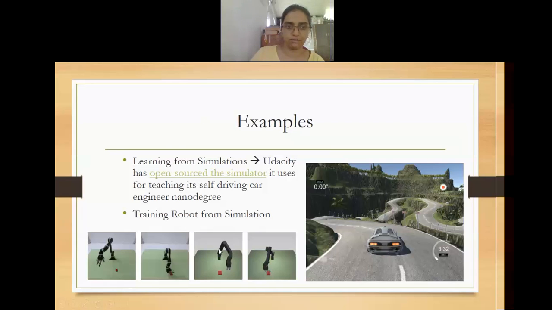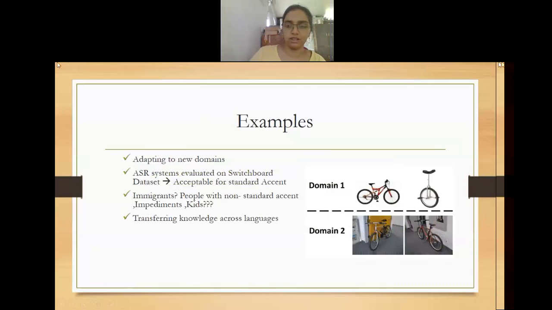That's a great example. Similarly, there are a lot of examples that you can come across. In one domain it's just the bicycle, whereas in another domain it's with a lot of variations. They've just given a comparison.